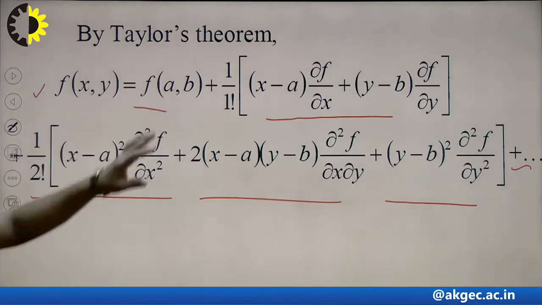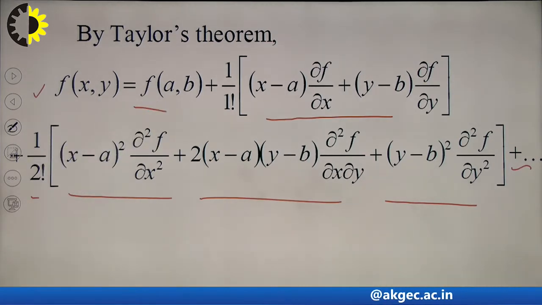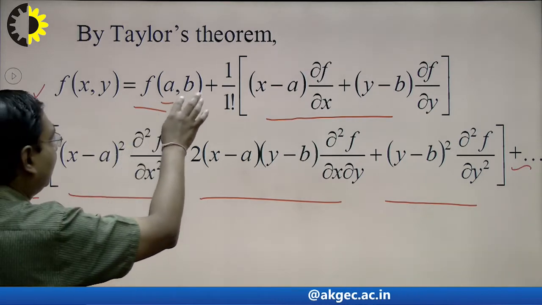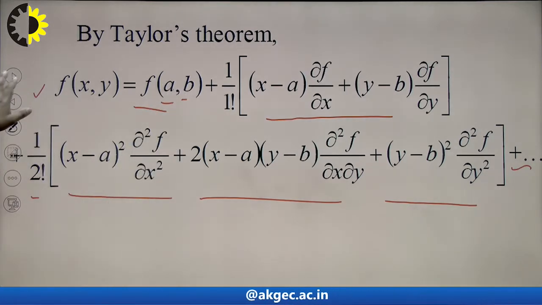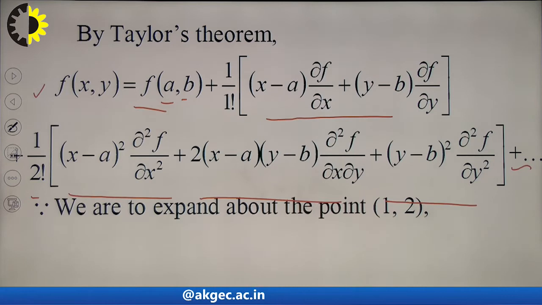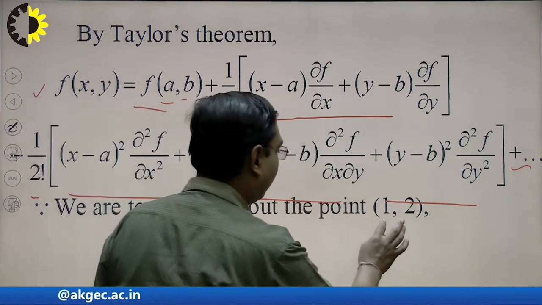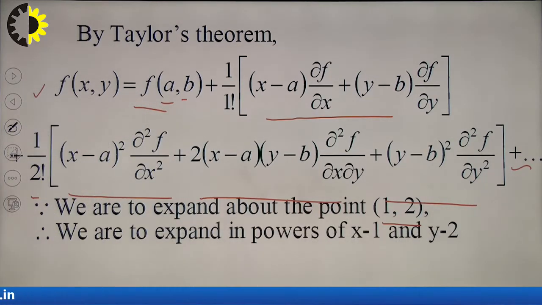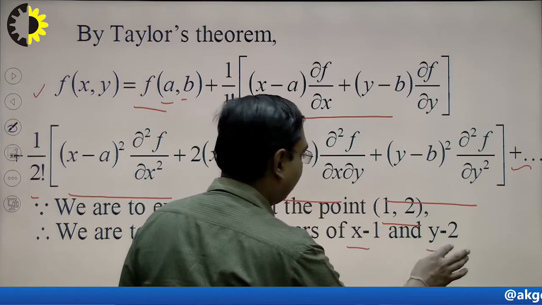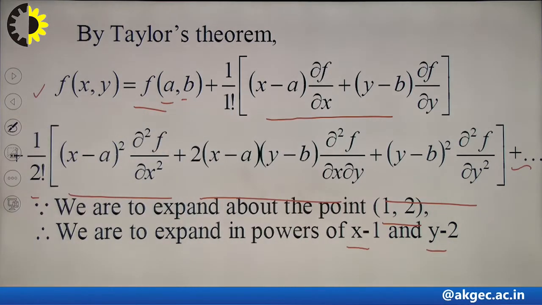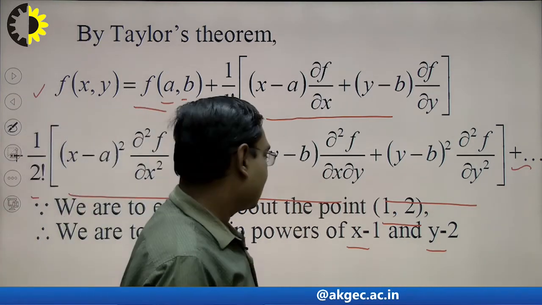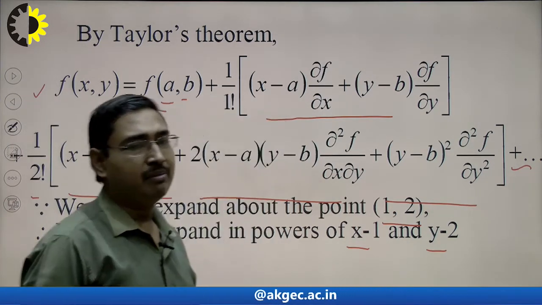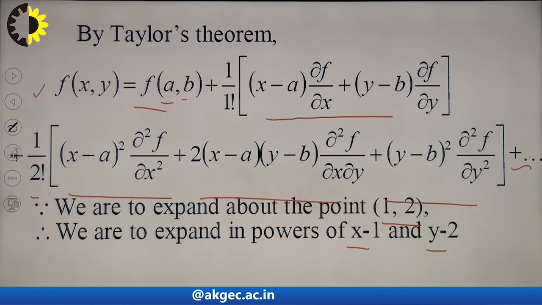Now, this is our expansion of Taylor series. Here the values of a and b were calculated from the given point, because we were to expand the function about the point (1, 2). Therefore, we are to expand in powers of x minus 1 and y minus 2, because expansion about (a, b) is the same as expansion in powers of x minus a and y minus b.